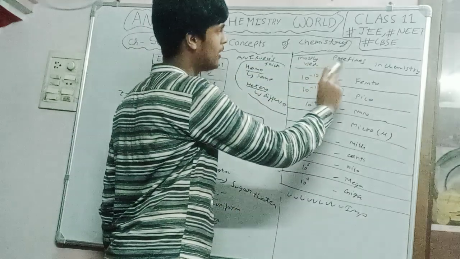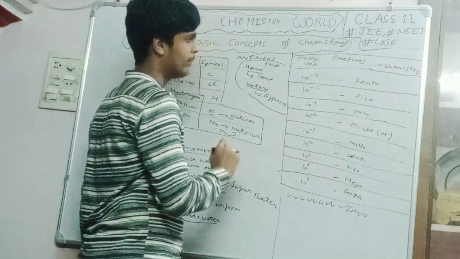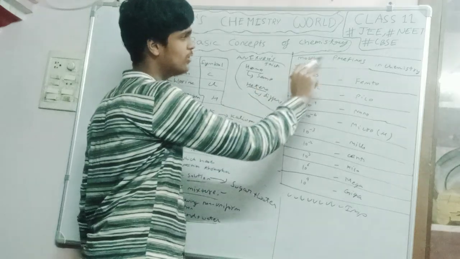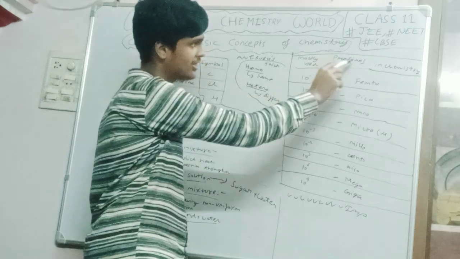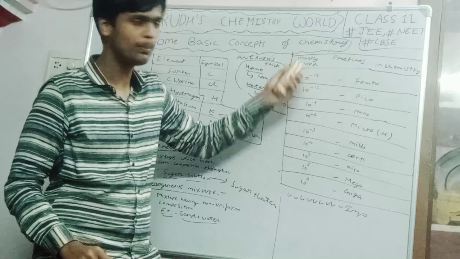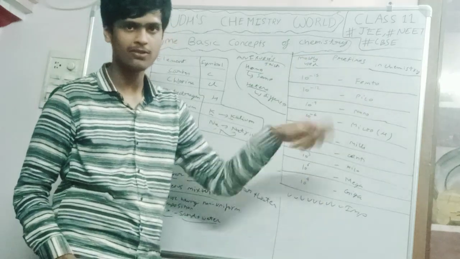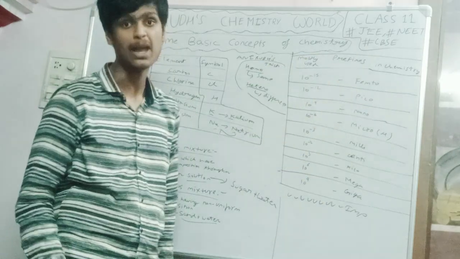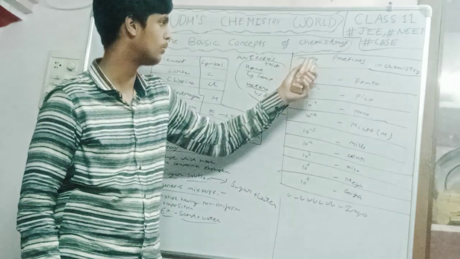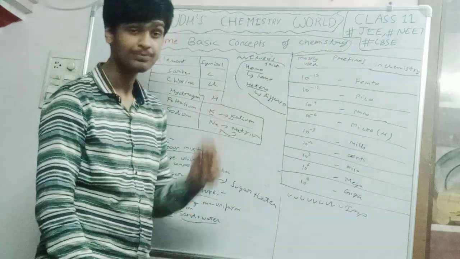Mostly used prefixes in chemistry, or in physics also. These prefixes are nothing but 10 to the power of some number, where we have specific names. So the mostly used prefixes are these.